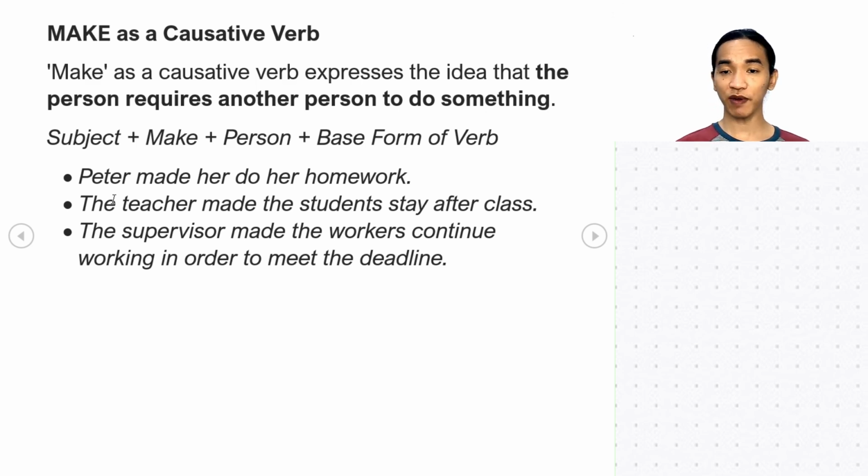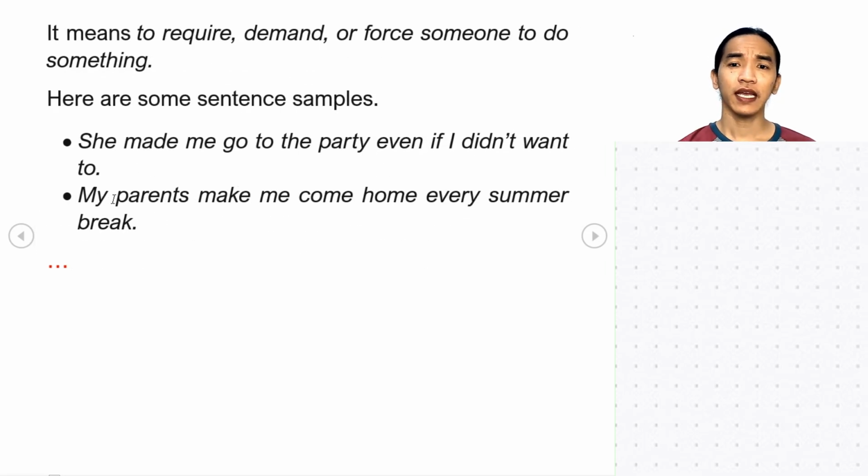Okay? The supervisor made the workers continue working in order to meet the deadline. Okay? So the supervisor required them. Now, it also means to require, to demand, to force. There's a sense of force someone to do something.